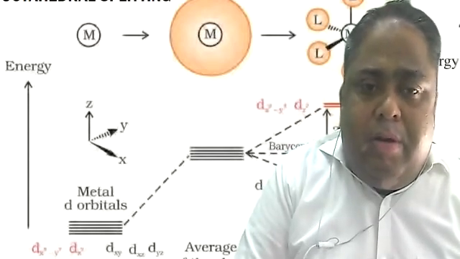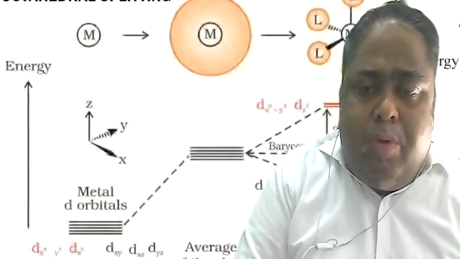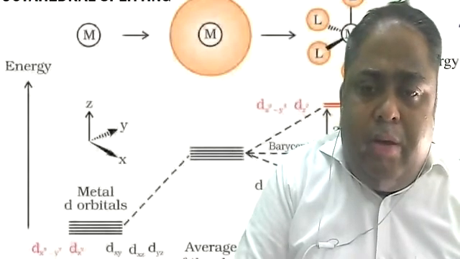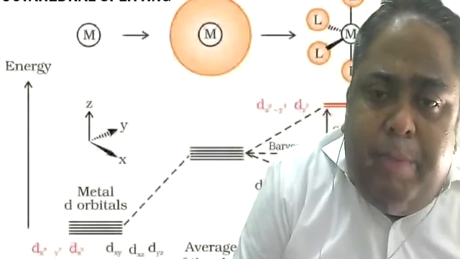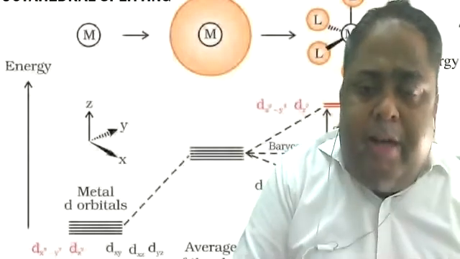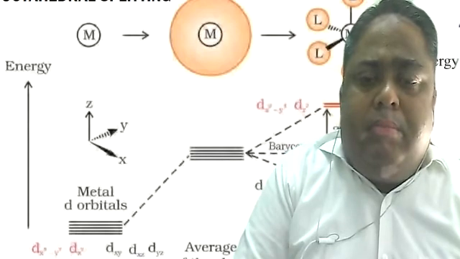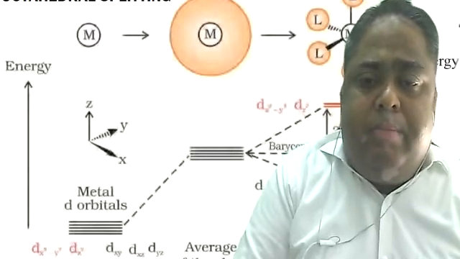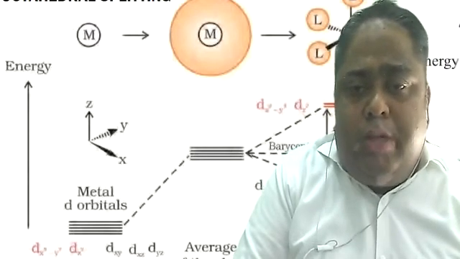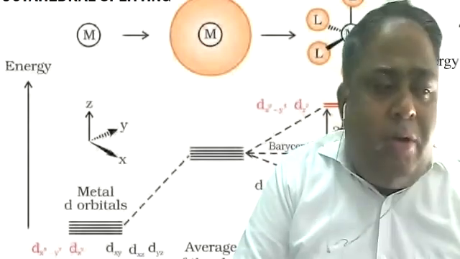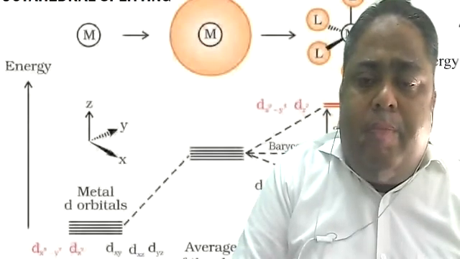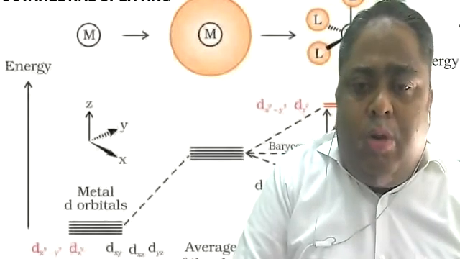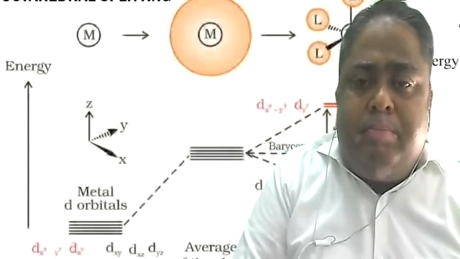Now, if you take out one H2O molecule and give one ethylenediamine, you will find its color becomes bluish. From green, it will become bluish. Further, if you take out two more H2O and give one more ethylenediamine, en, its color will become pale blue. And further, if you take out all the water molecules, then it will become pink in color.